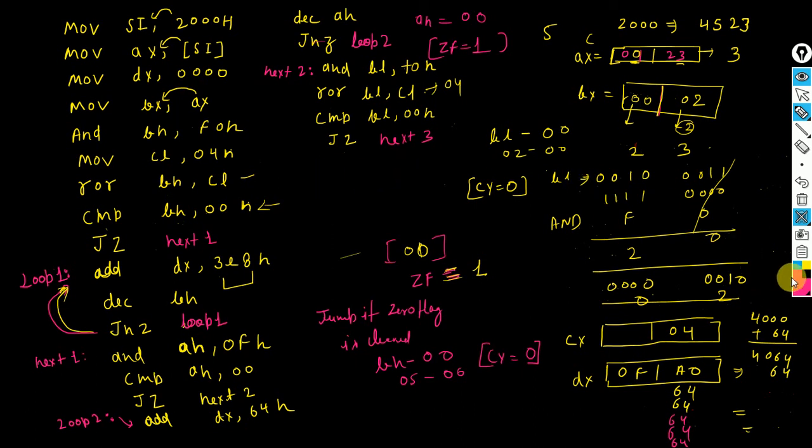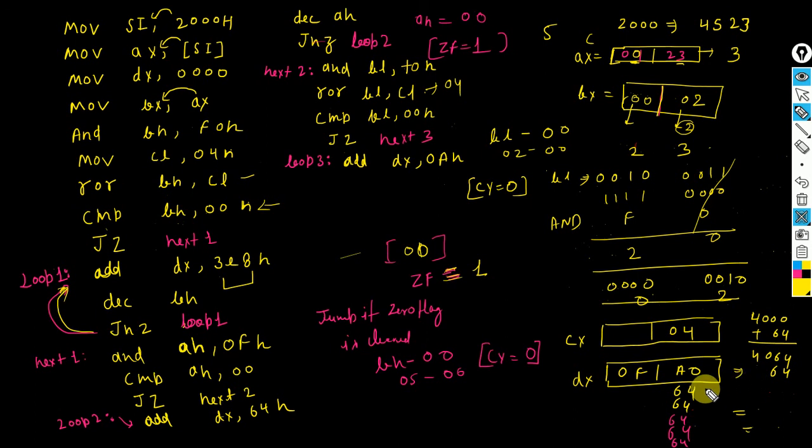Next instruction: first write down the label loop 3 and the instruction ADD DX, 0AH. A is basically 10.